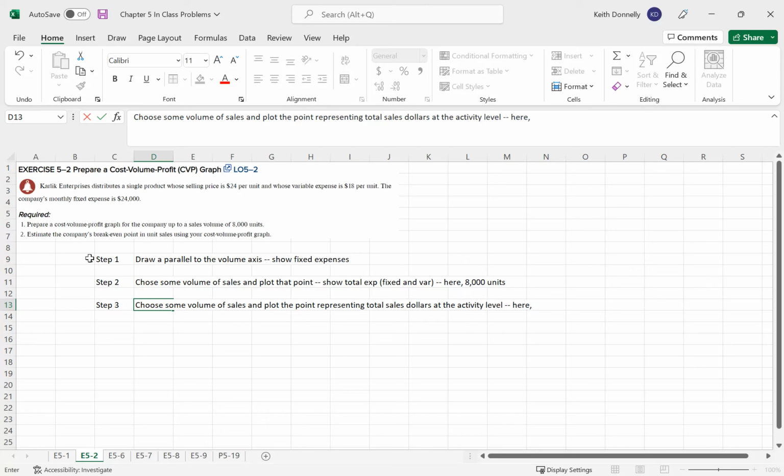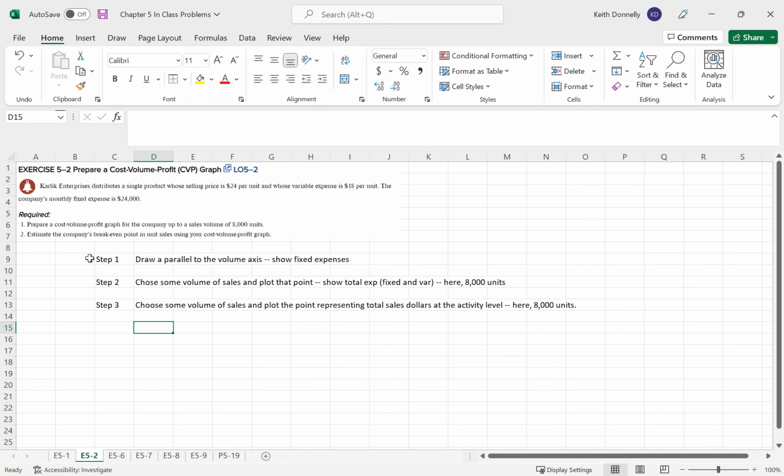So again, 8,000 units. We want fixed expenses, draw a parallel line across. Then look at our total expenses based on an activity level of 8,000 units. And then look at our sales dollars at an activity level, 8,000 units.